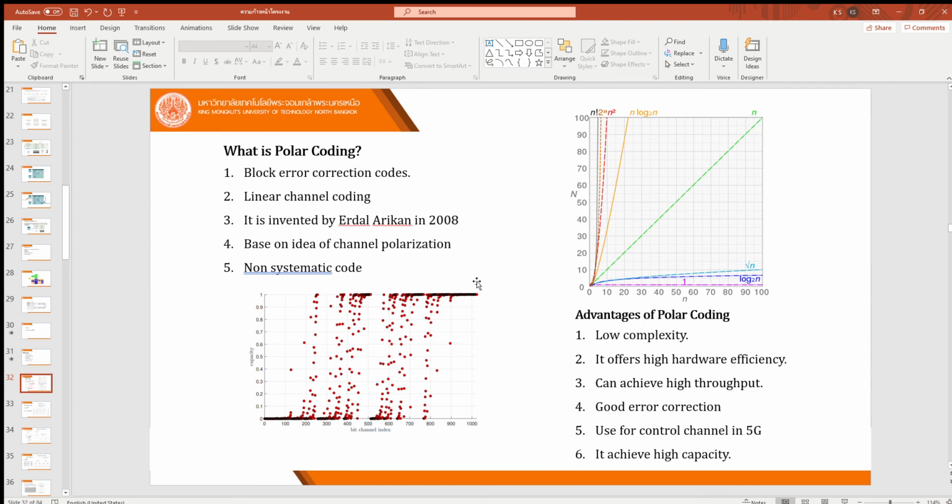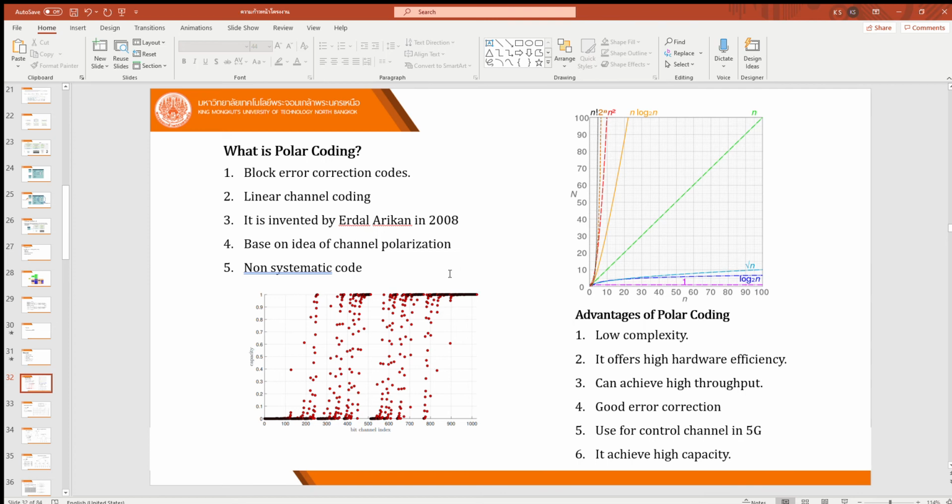Because polar code is very small and very flexible, they use it for the uplink. For the downlink, they use LDPC, because LDPC is best if you have very high information. But for low information, you can use polar coding because it is very strong and very reliable.